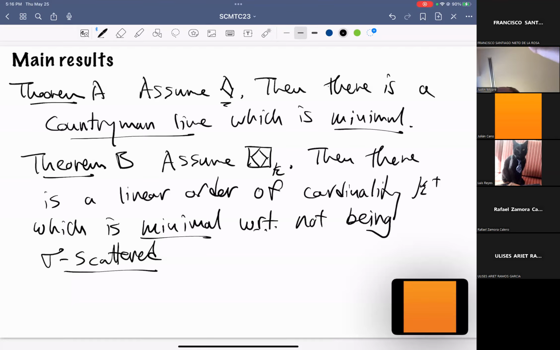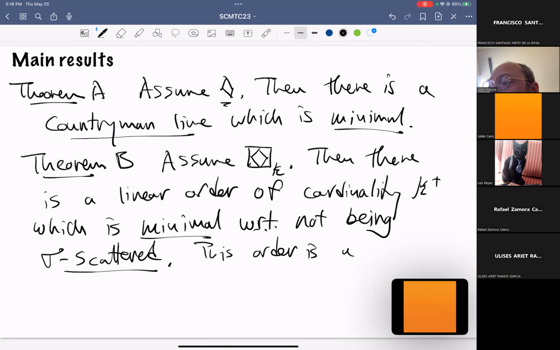This means that any suborder which is not sigma scattered contains a copy of this order. In particular, any suborder of size properly less than kappa plus is sigma scattered, because the linear order can't embed into a smaller suborder. It also tells you that it embeds into all of its suborders of size kappa plus which are not sigma scattered.